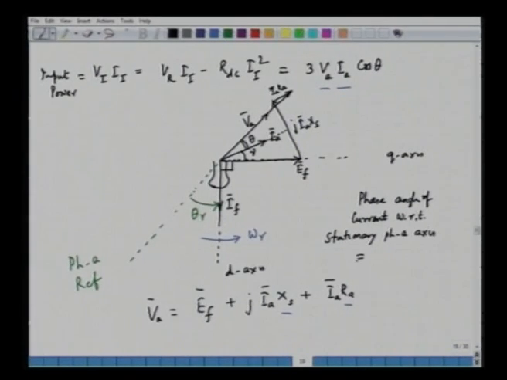That is equal to theta r plus pi by 2, since this angle is a right angle, plus gamma. Gamma is the angle between the q axis and phase A.